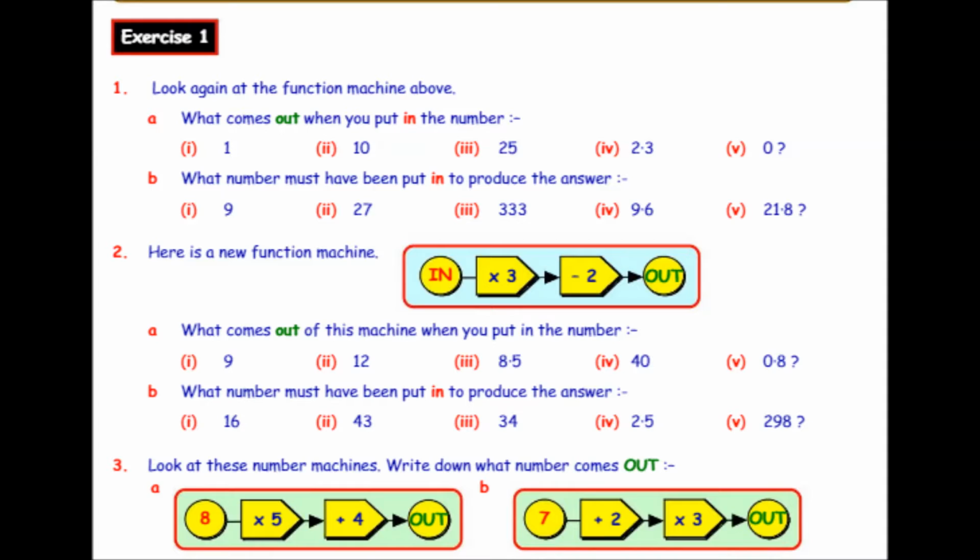It says, look again at the function machine above. What comes out when you put in the number 1? So instead of 8, it's 1. So 1, double it, is 2, and add 3 is 5. And that is going to be the same for part A and part B.